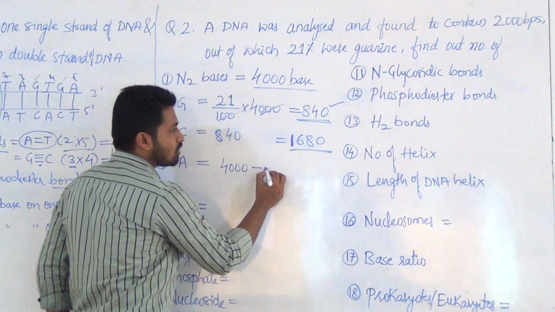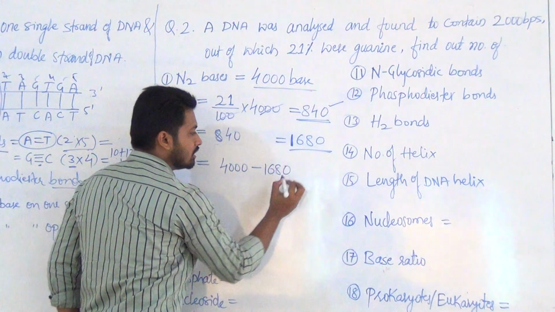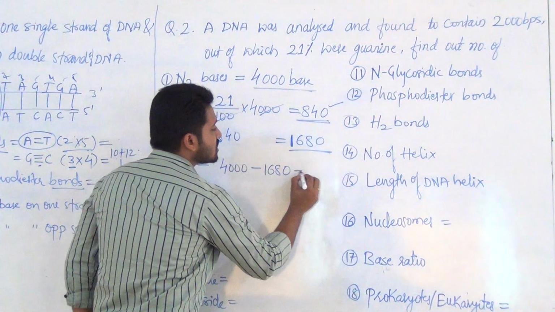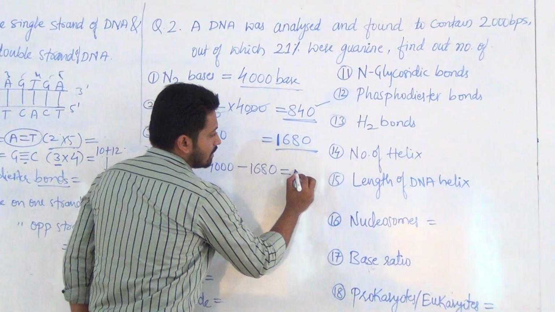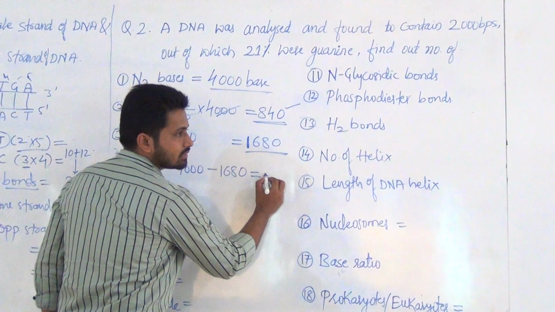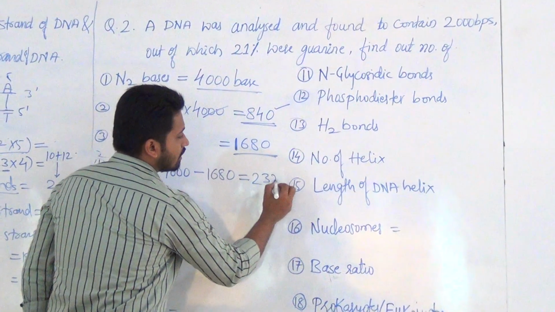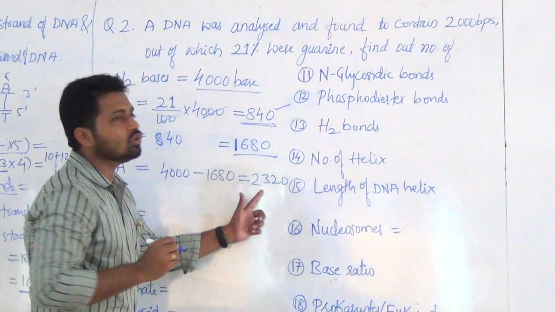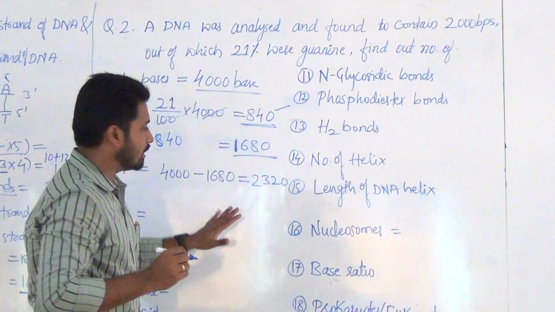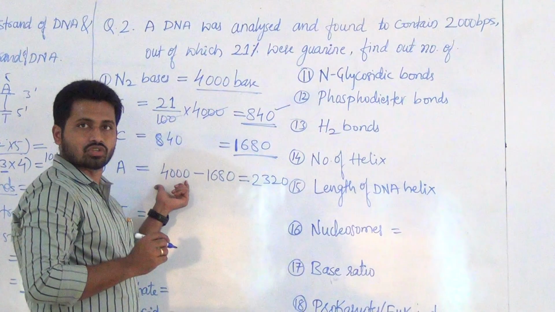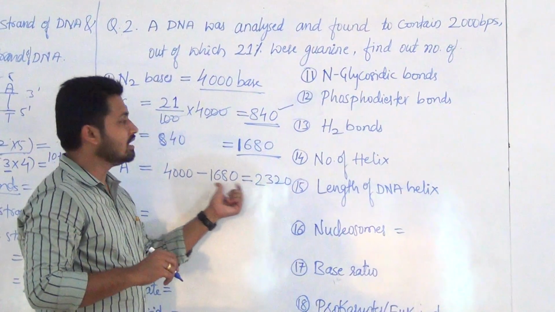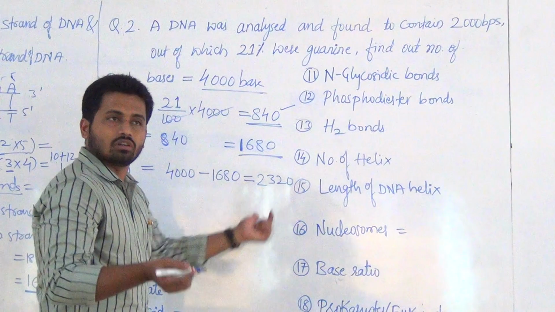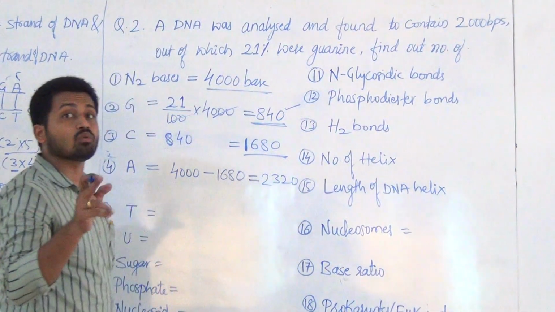When we subtract 1680 from 4000, it will give 2320 bases.